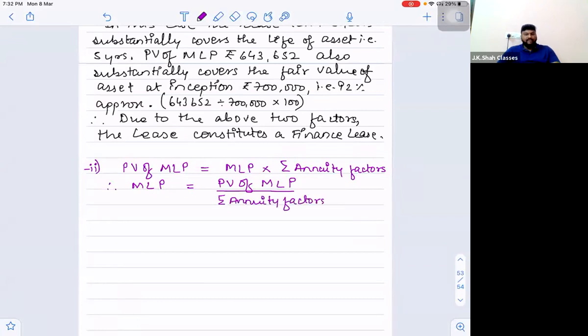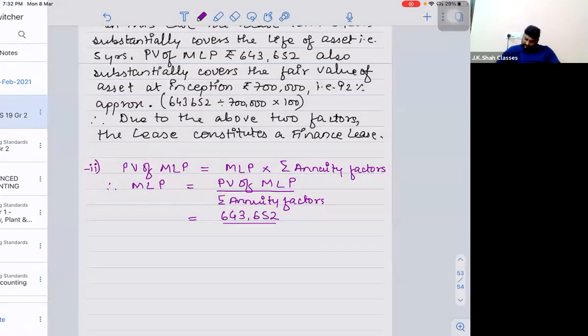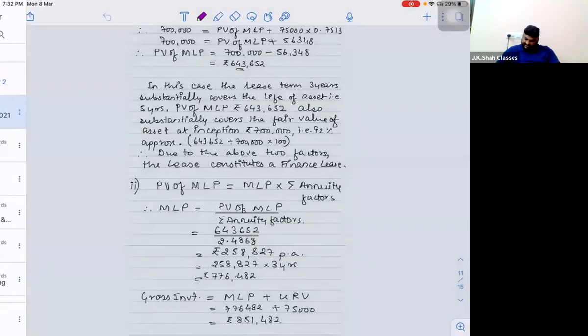To find the present value, you multiply future value by the discounting rate. So to find the future value, present value is to be divided by the annuity factors. So 6,43,652 divided by the total, which is 2.4868.